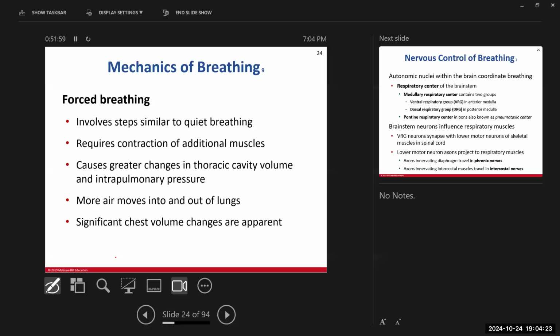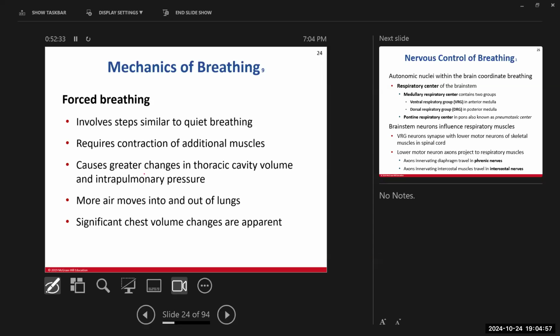All right, that brings me here to the mechanics of breathing. We understand the mechanics of eupneic breathing, normal quiet breathing. But when you're exercising, we talked about those muscles that we utilize for our forced breathing. I won't list them all off, but you kind of remember some of them or all of them, hopefully. We're going to start to recruit those muscles because they're going to help change the thoracic cavity volume even more than our normal quiet breathing.